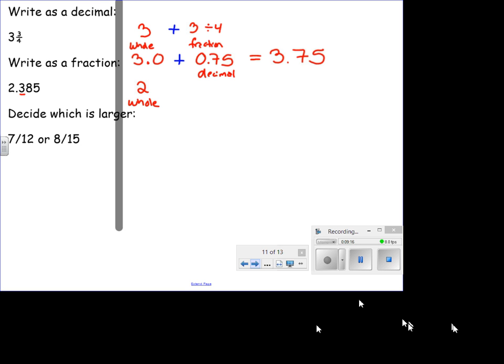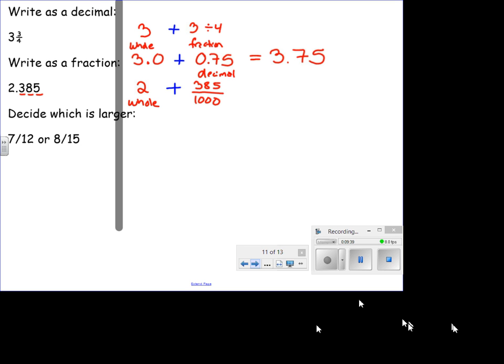Remember, this is your tenths, hundredths, thousandths. So what I'm really going to be saying is 385 thousandths. Okay? Again, I don't want them separate. I want these to add together. So I've now looked at this as 2, and I want to add it to 385 thousandths.